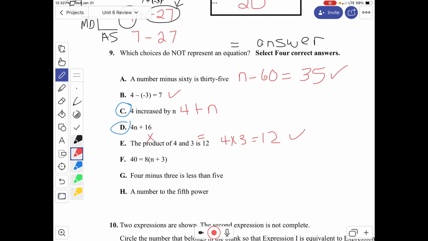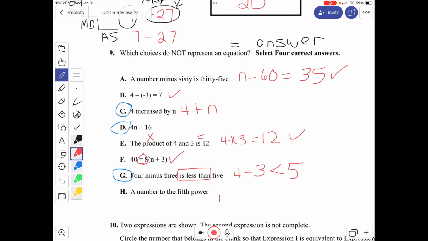The next one got an equal sign, so it's an equation. G says 4 minus 3 is less than 5. That's different than subtracting. That is a less than symbol. And a less than symbol is not an equal sign, so that is not an equation.